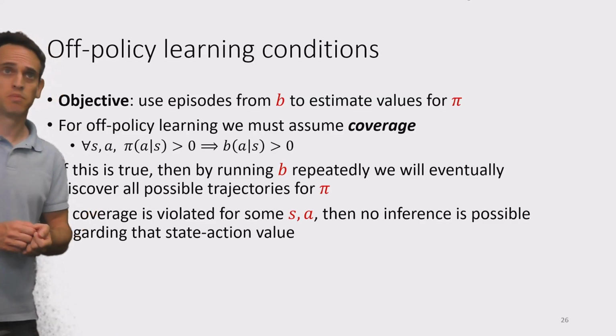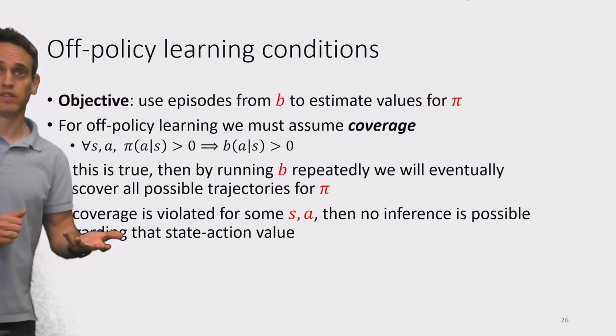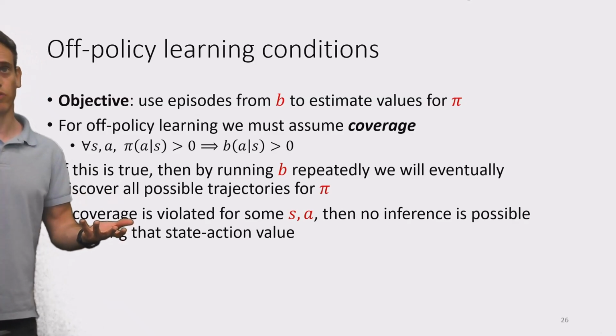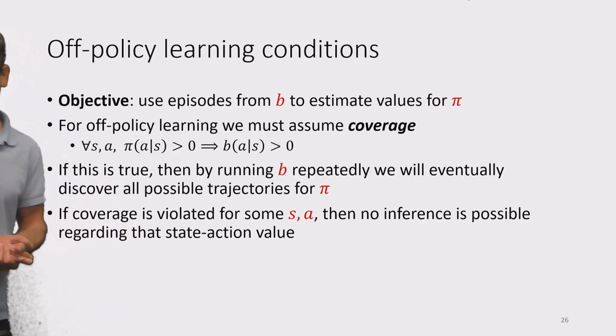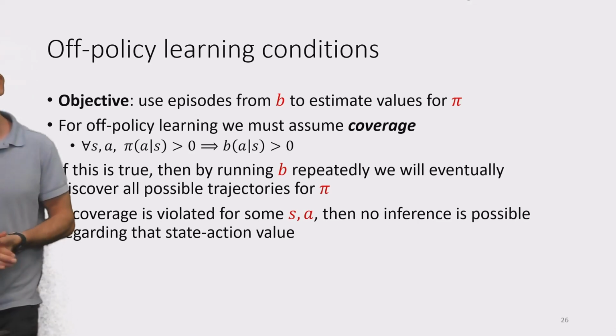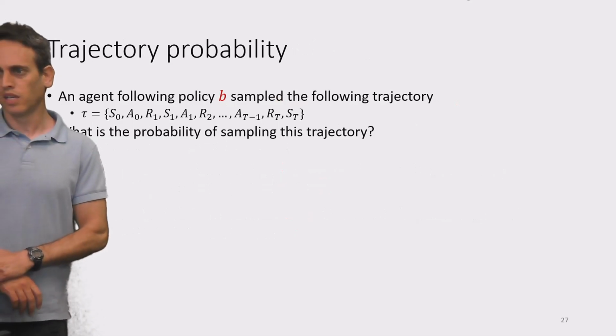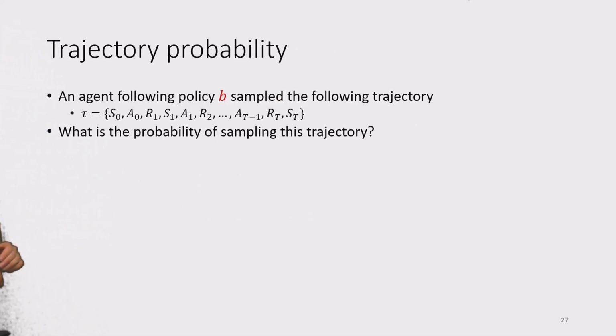It might be the case that some trajectories are visited often if we use pi, and not so often while we use b, but that's okay. If coverage is violated for some state and action pair, then no inference is possible regarding that state action pair. I said that, and hopefully this is obvious.